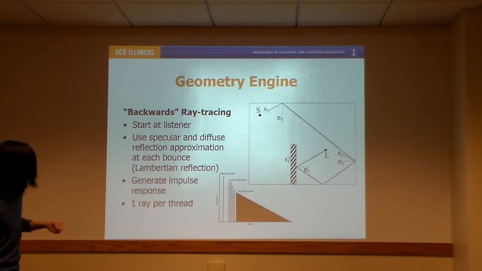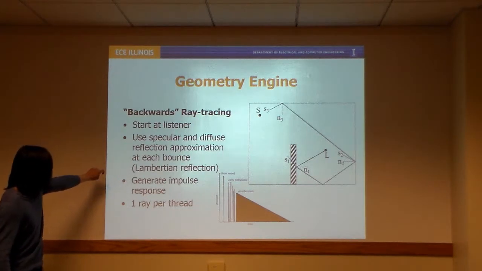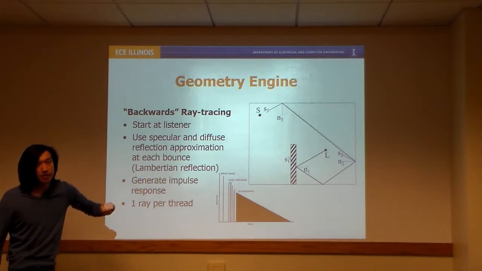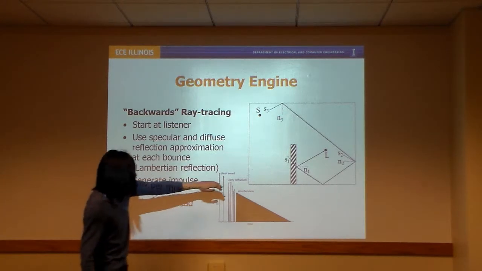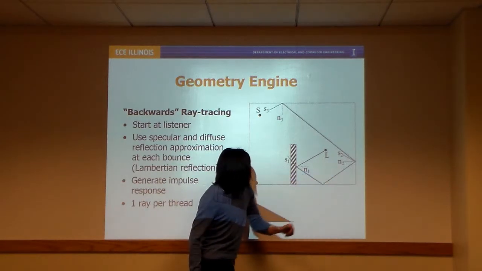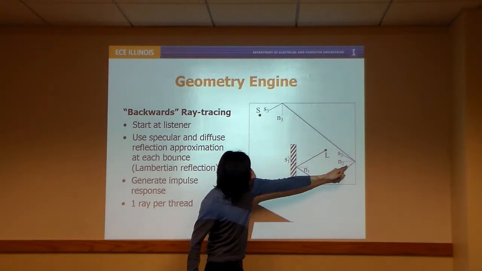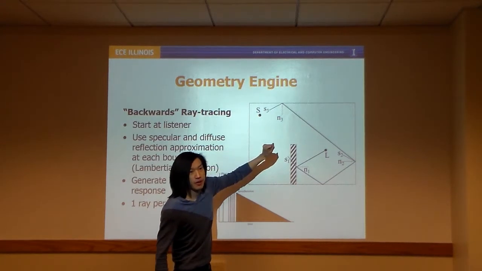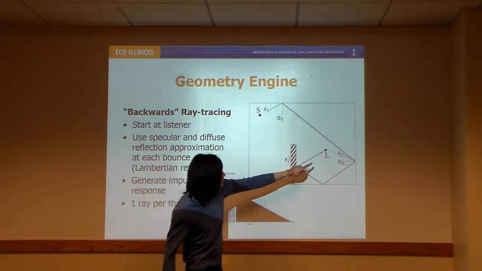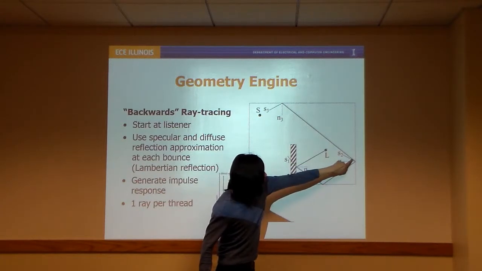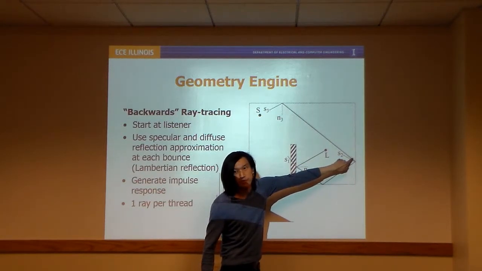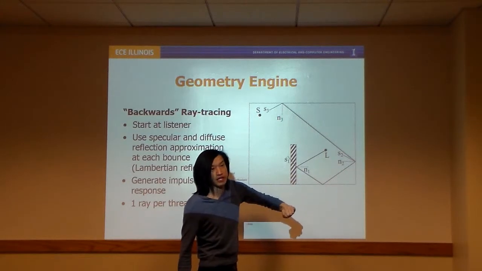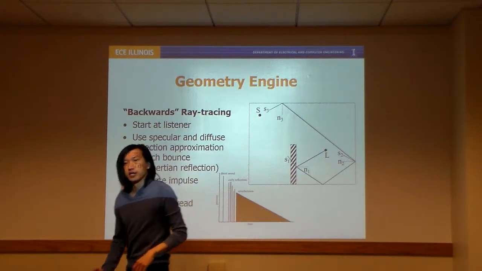Okay? So really this is the so-called Lambertian reflection model, right? For example, right here, this is the second order reflection, and it's fairly perfect compared to the source in this case. The dot product between the perfect reflection here versus this S2 vector is pretty close to 1.